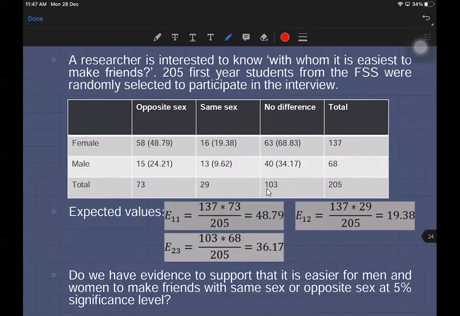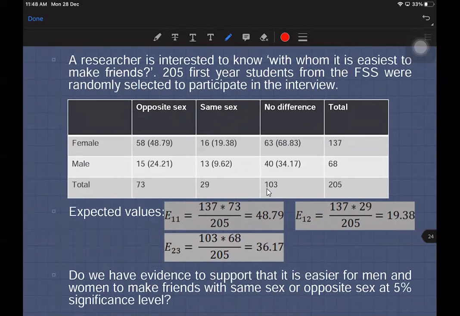Here a researcher is interested to know with whom it is easier to make friends. So 205 first-year students from the FSS were randomly selected to participate in the interview. First we have the observed value, then you need to calculate your expected value.